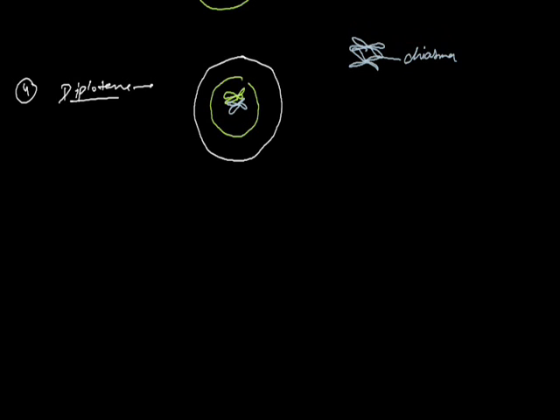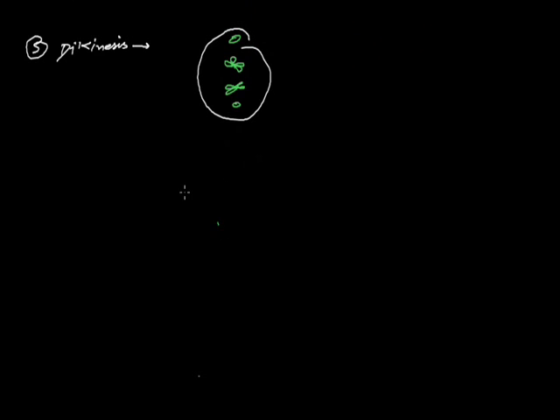Now the last stage is diakinesis. In diakinesis, terminalization begins, each chromosome separates, the nucleolus and the nuclear membrane disappear, and the centrioles move towards opposite poles. That is the prophase first stage.